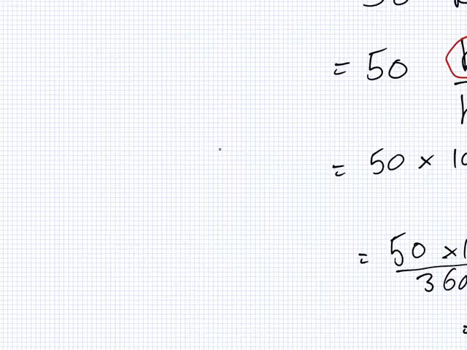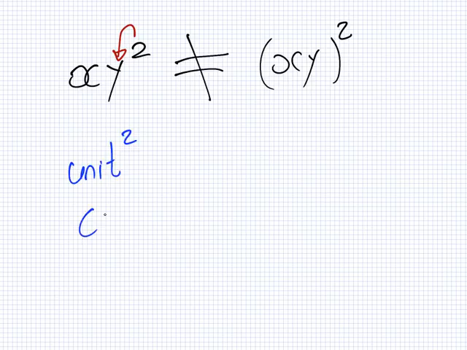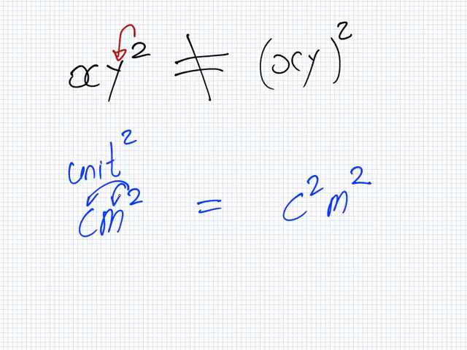Now, before I start, in math class, if I write this, the square is only on the y. However, in physics, when you have a unit squared, like for example cm squared, that does actually mean c squared m squared, that the square actually is on both.